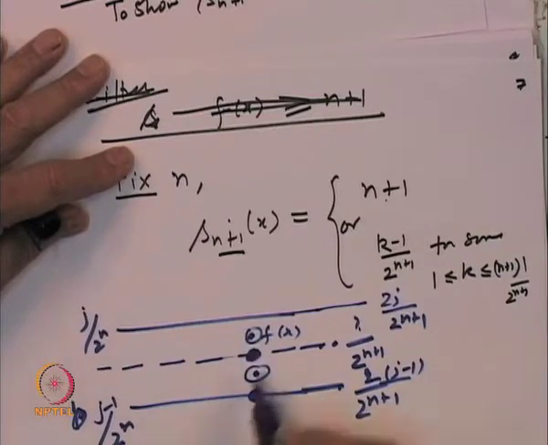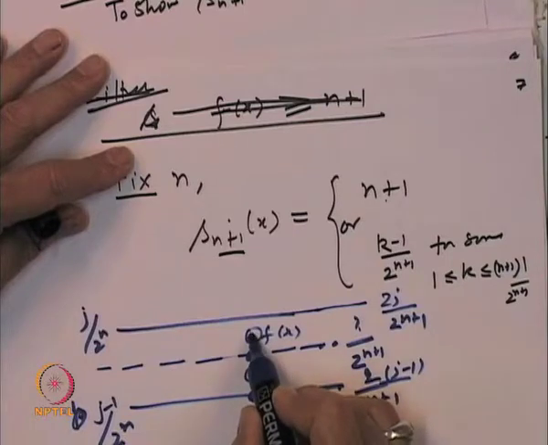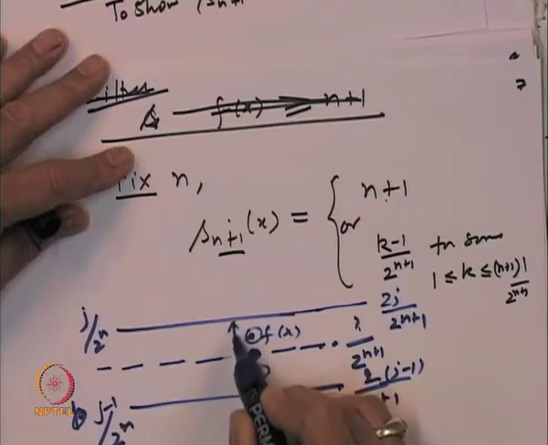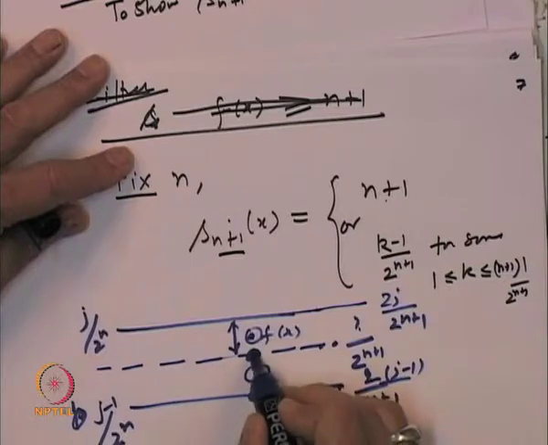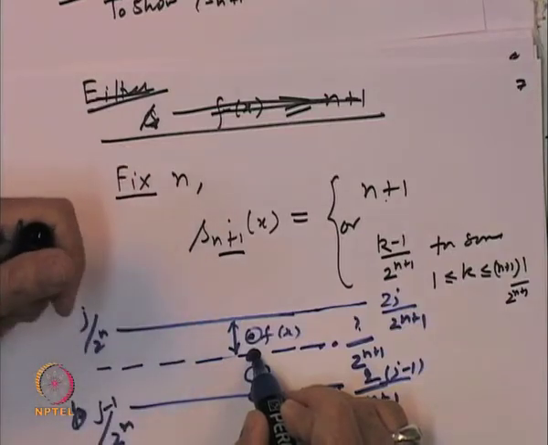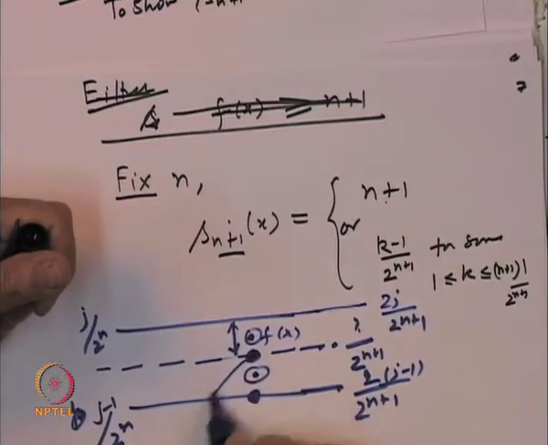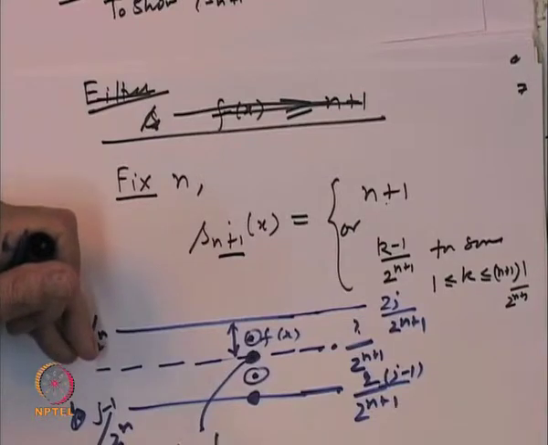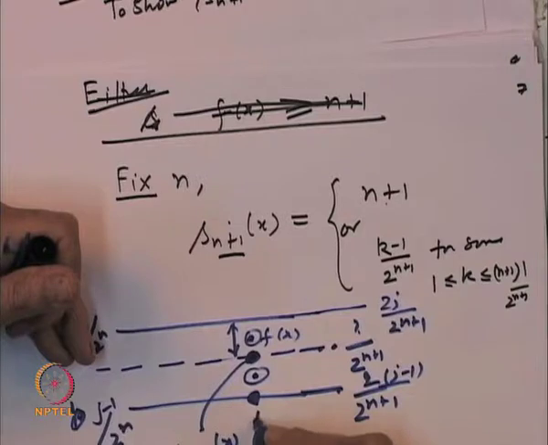If f of x is here, it lies in that interval of length 1 over 2 to the power n plus 1, and the value is the lower end point. So, this is the value of S n plus 1 of x, and the value of S n is always going to be equal to this value.